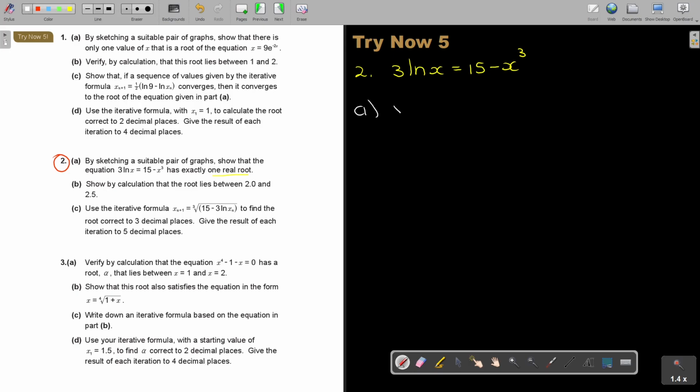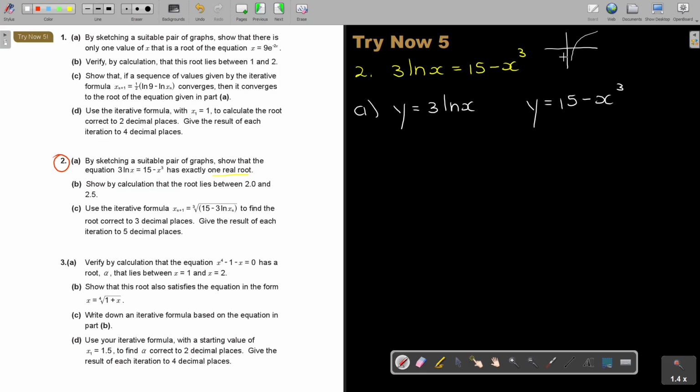So you can make one graph y equals 3 ln x, and you can make the other graph y equals 15 minus x^3. Again, you must know your ln graphs. You must know it's something like that. So I will not choose negative values, it will not work.